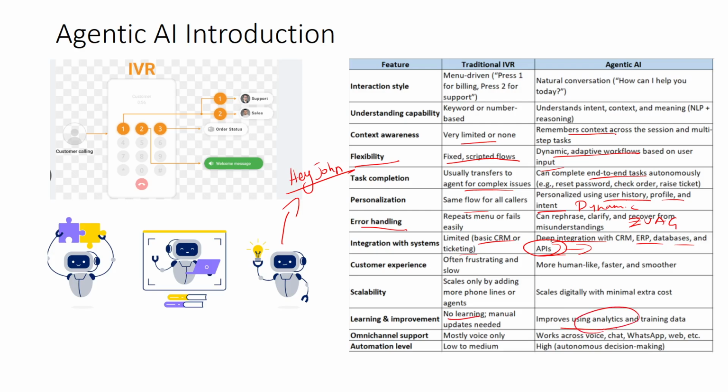How exactly it happens, we can see in the later stages. On omni-channel support, even in the traditional setup you have voice, and in the contact center you can obviously have chat as well. So this is the introduction of ZVA.